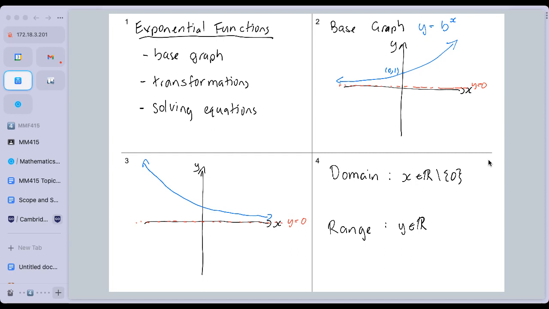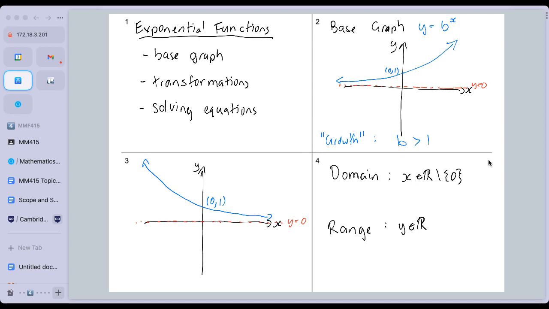Is that ringing a bell for you? That's also got a y-intercept of 0, 1. This one is called a growth graph, and it's when b is greater than 1. So b is bigger than 1.